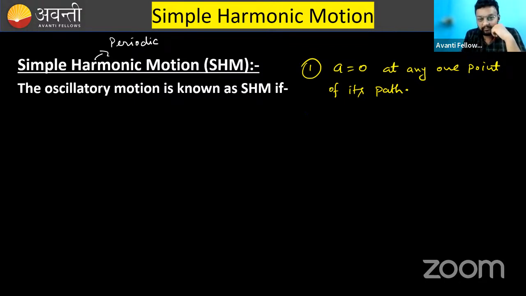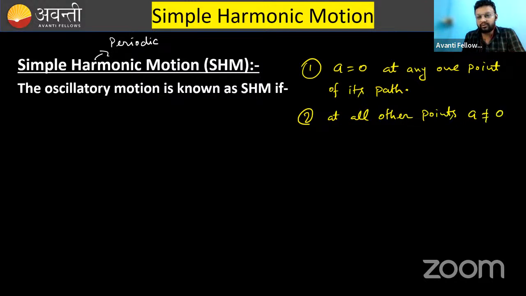What is the second condition? At all other points, acceleration shouldn't be zero. At all other points, a is not equal to zero. I think this is clear. Two points are clear.